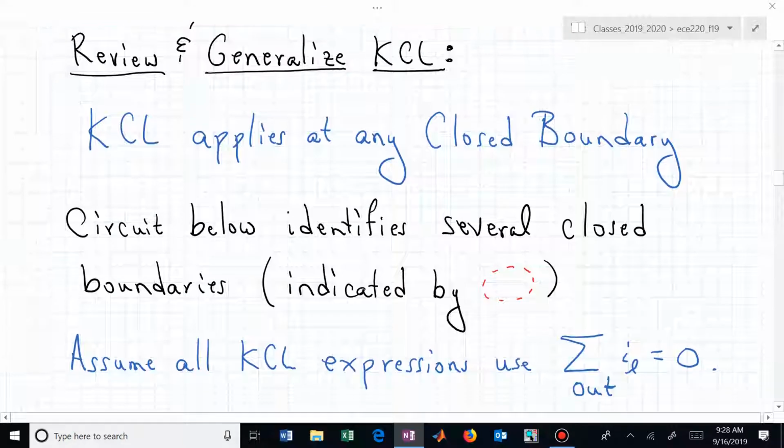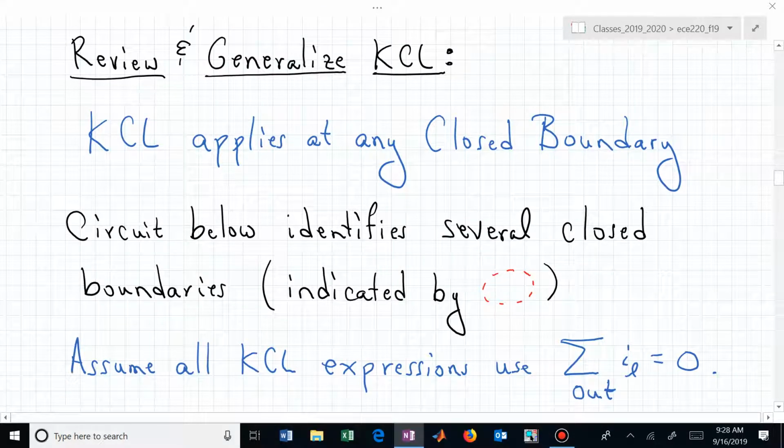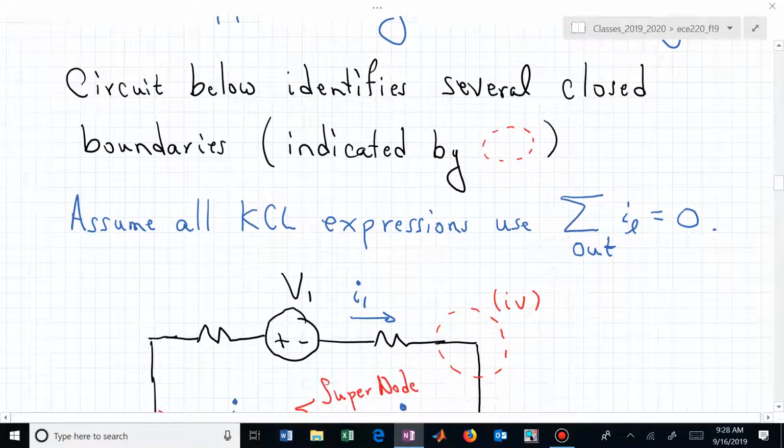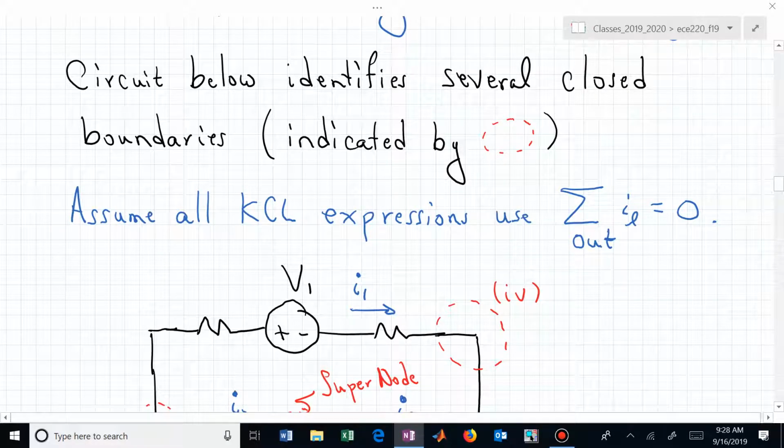Let's now review and generalize KCL. KCL applies at any closed boundary. So the circuit below identifies several closed boundaries indicated by this dashed red loop or boundary. And we want to now assume all of these equations are written in terms of summing currents out of the node.